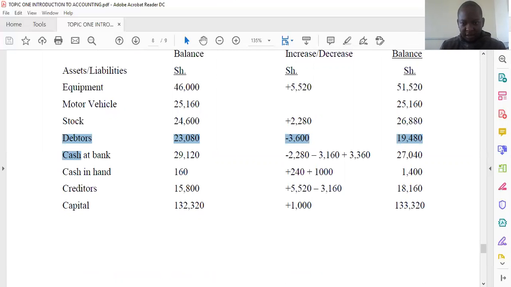Where's my calculator? Please bear with me. 23,080 minus 3,600 minus 240 gives 19,240. Anyway, I don't know.